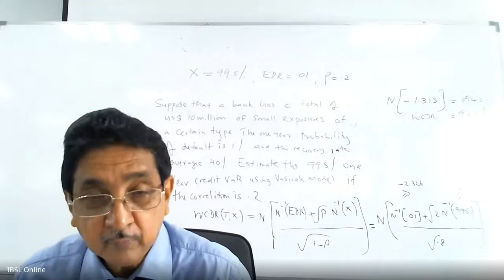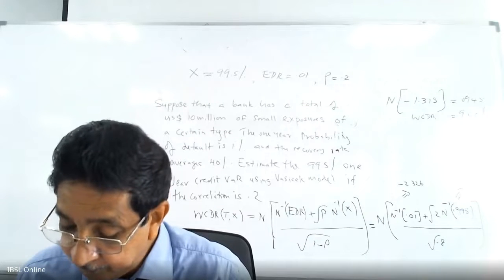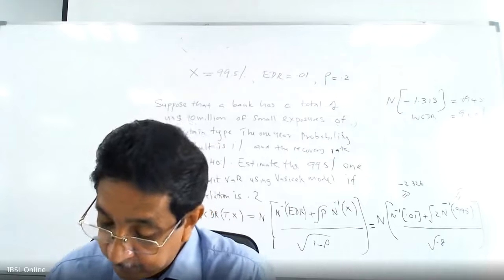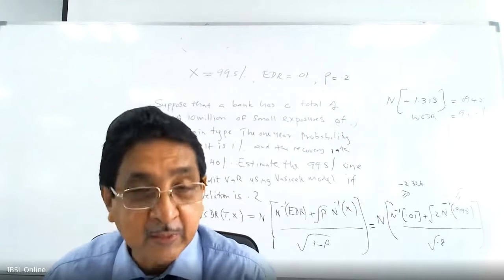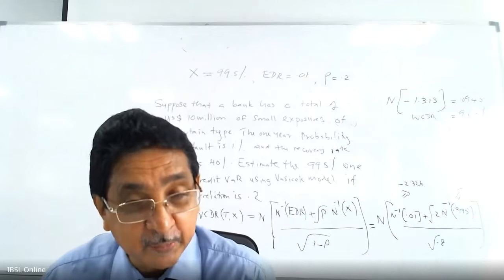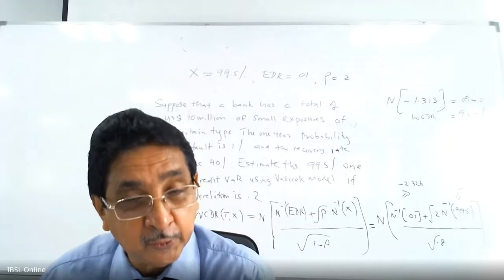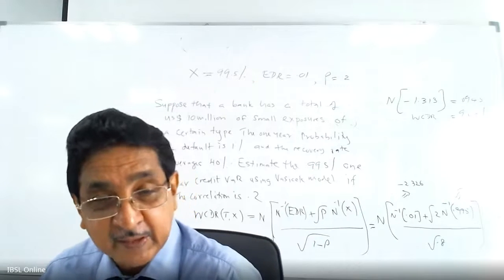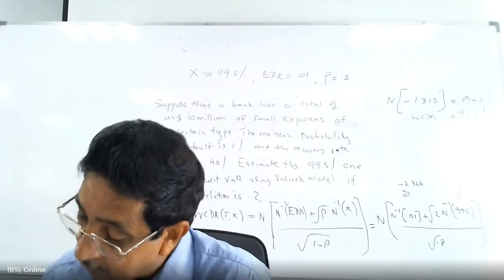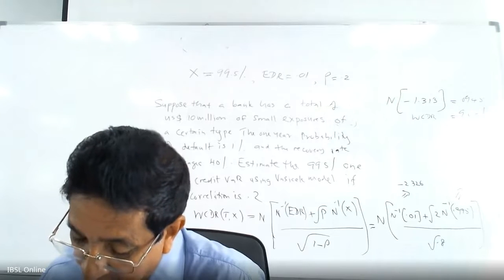So do the calculation and get me the figure. The total exposure is 10 million, the worst case default rate we have calculated is 9.45%, and the loss given default we can get from the sum itself. So get the value, the VaR or the value at risk.